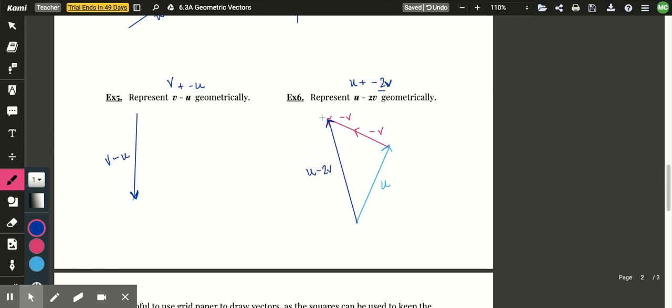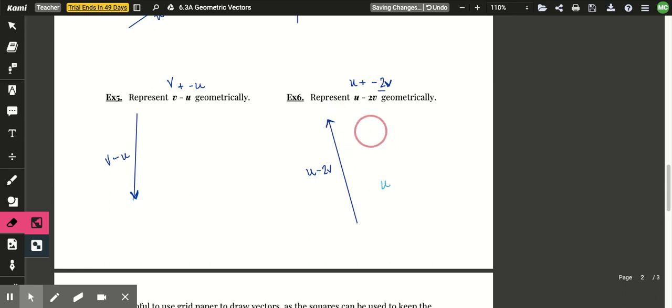Once again, my resultant vector is the answer. The rest of what I have drawn on there is really just scratch work. So to keep things clear, I would want to get rid of all of that extra stuff there. There we go. And that is my answer, my U minus 2V.